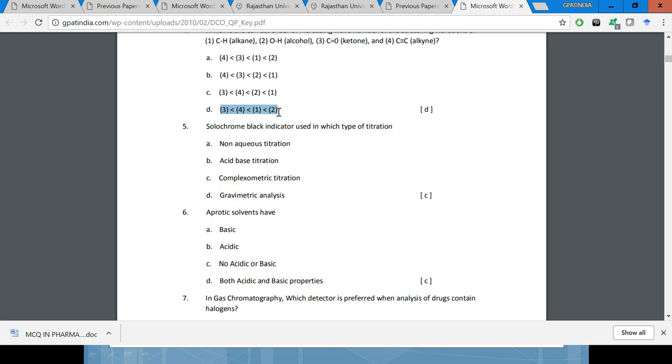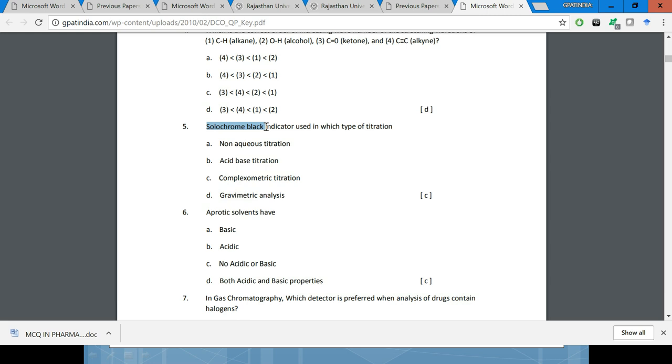So next question is, solochrome black indicator is used in which type of titration? If you remember, solochrome black is a metallochromatic indicator which is used to titrate magnesium, zinc, cadmium, manganese with EDTA, or back titrating lead, cobalt at pH 10.